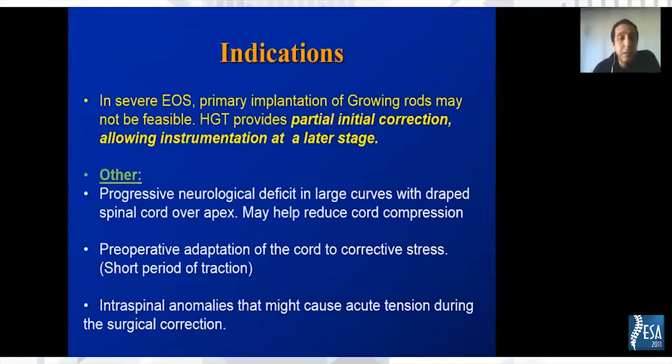Other indications would be if you have a patient with acute neurologic problems and you want to optimize them or wait a little. And there's been some reversal in some patients. If they have neurologic complications, you could reverse them with some traction.